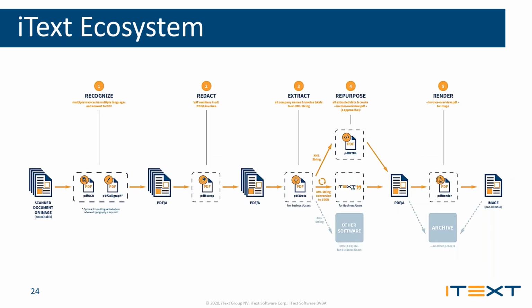And finally, the ecosystem that iText has as a whole. If you are getting PDFOCR, don't forget that there are a lot of other projects that you can use together with it. But right now for the demo, we will be focusing on PDFOCR naturally and PDF sweep.